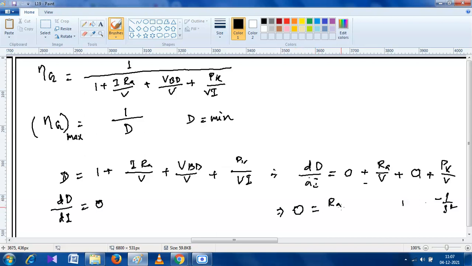So we can write Ra by V minus Pk by V I square equals 0. So from this equation, what do we write? Pk is equal to I square into Ra. Can I write this?